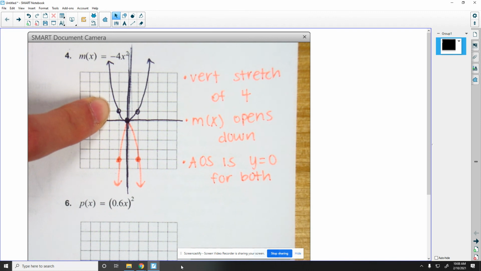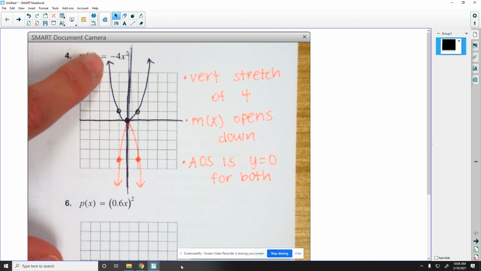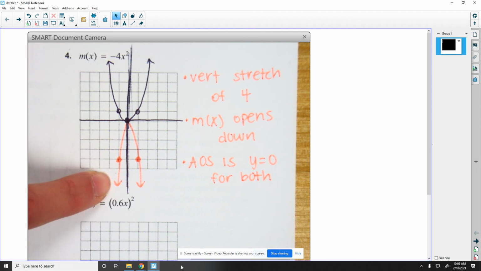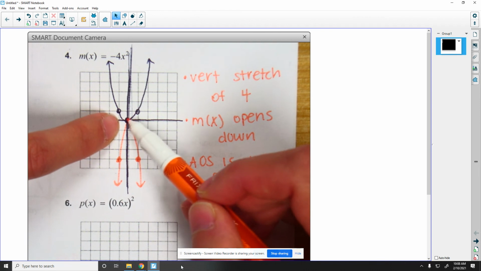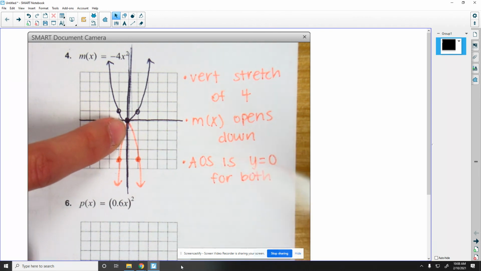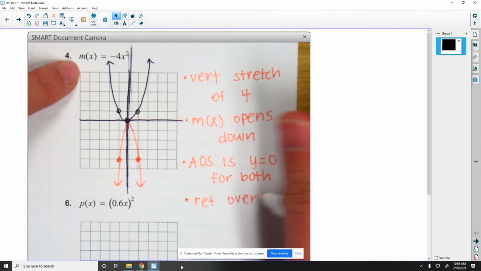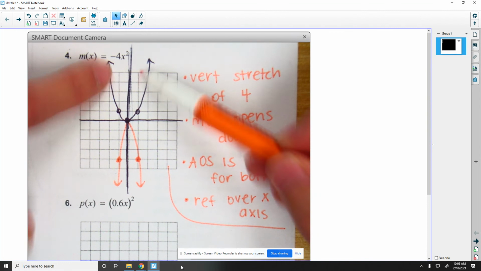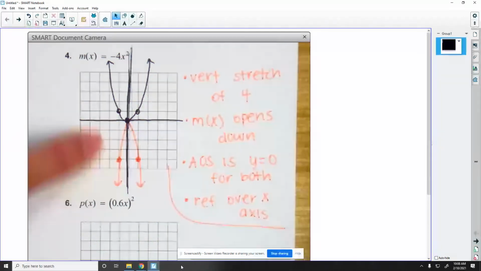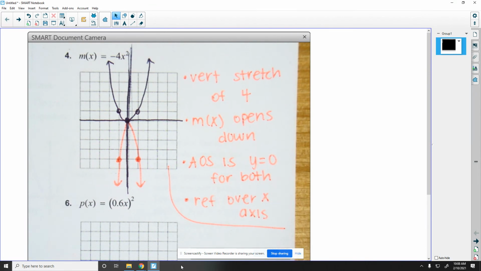Okay, but we didn't mention the biggest difference. The biggest difference is one's going up and one's going down. So this one had a min and this one had a max, right? So in other words, I could say that there was a reflection over the x-axis. If it flipped, then we have to say that there is a reflection.